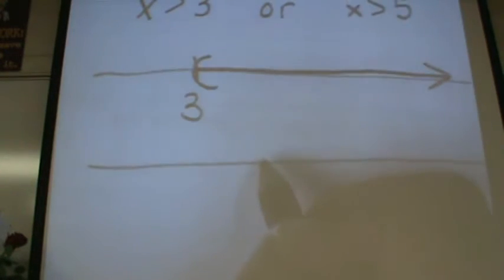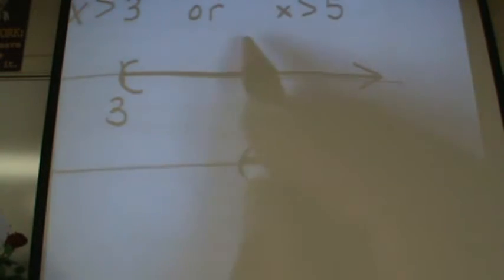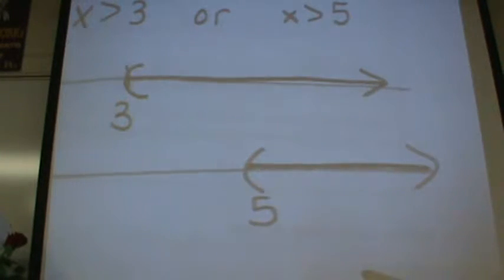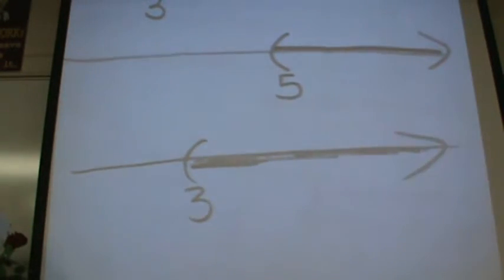And if x is greater than 5, it looks like this, okay? So what would be the solution to this "or"? It would be from here on. The actual answer would be from 3 on, right? So that doesn't look like arrows going on both ends, so you gotta watch.